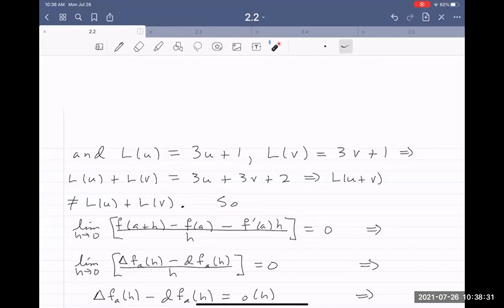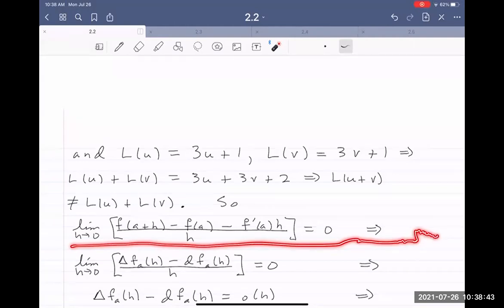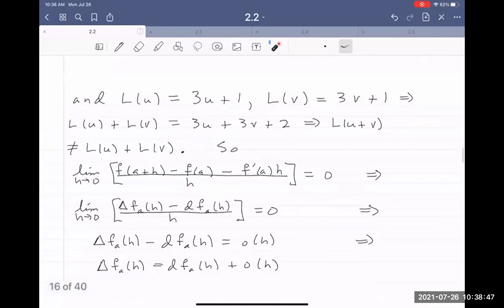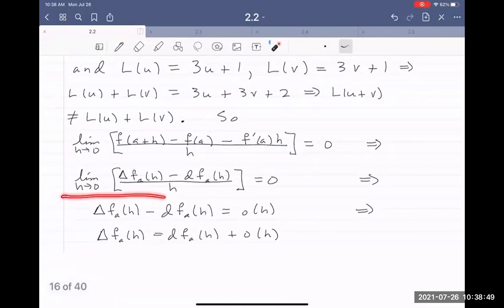So let's go back to what we had from before. The limit as h approaches 0 of [f(a+h) minus f(a) minus f'(a) times h] over h equals 0. This implies that, well, let's use that simplifying notation that we had.